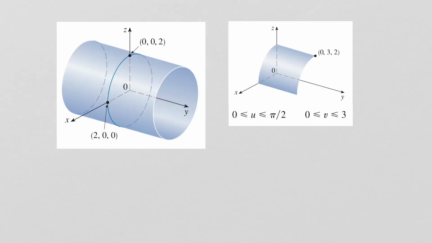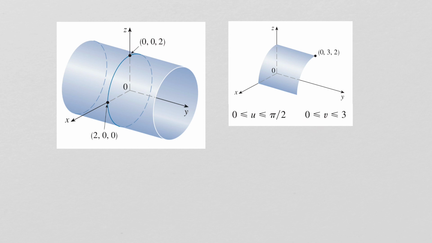Now here is a slightly better picture of that infinite cylinder. And I want to point out that if you were to impose some restrictions on the parameters u and v, for example, if u can only be a value between 0 and pi over 2, since u is representing the angle from the positive x-axis toward the positive z-axis, this would only give us a quarter of this cylinder.